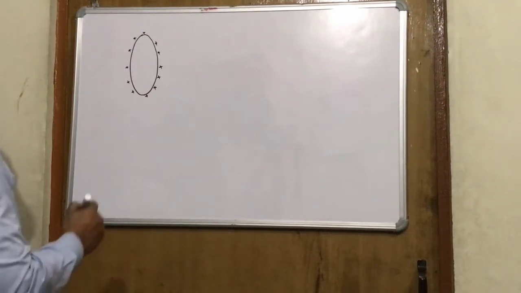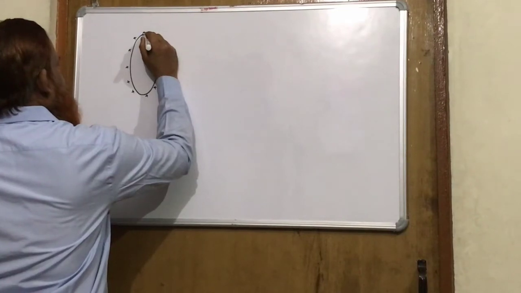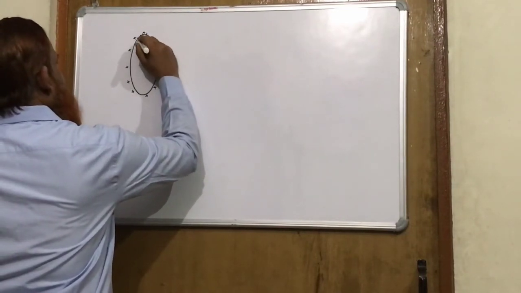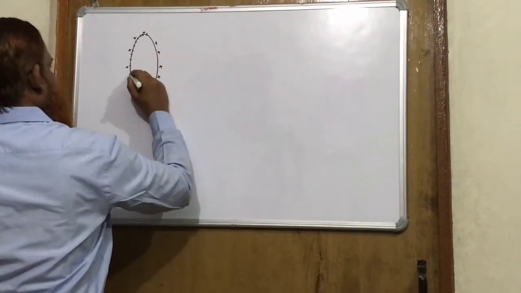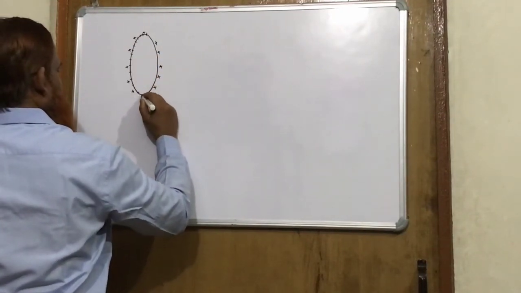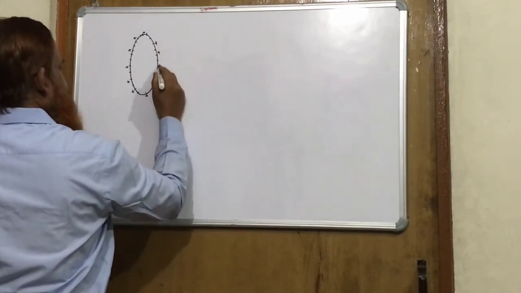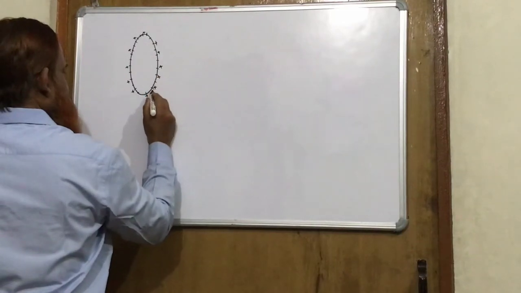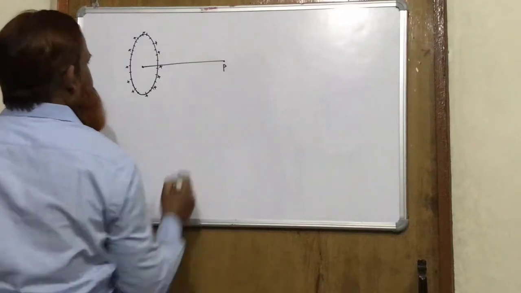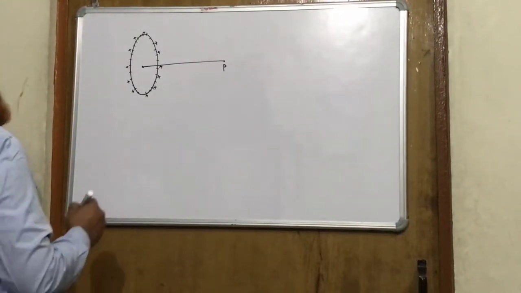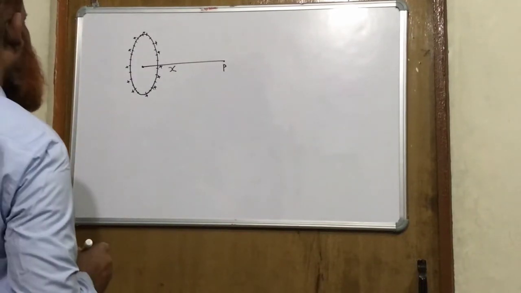We will divide this charged ring into very small elements, each of length dl, and we will find the electric field due to each element at point P, which is at distance x from the center of the ring.